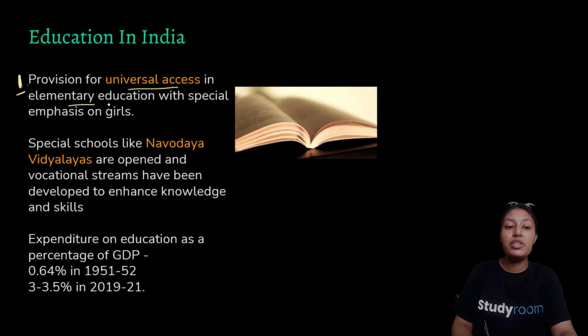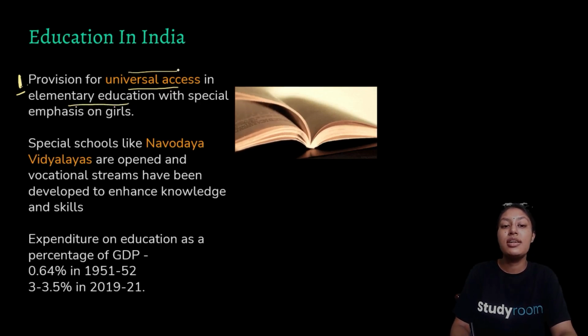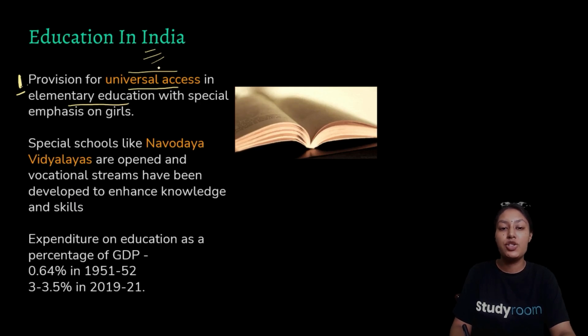Elementary education is universally accessible to any kid, whatever their social or economic background. So everybody should be at least elementary educated.